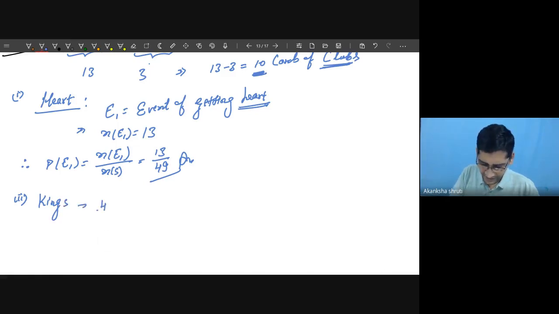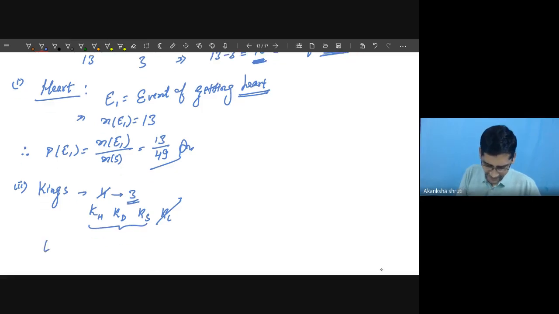What they are? They are the king of heart, king of diamond, king of spade, king of club. But this king of club is removed. Therefore, now there will not be the 4 kings, only 3 kings will be there. These are the 3 kings.